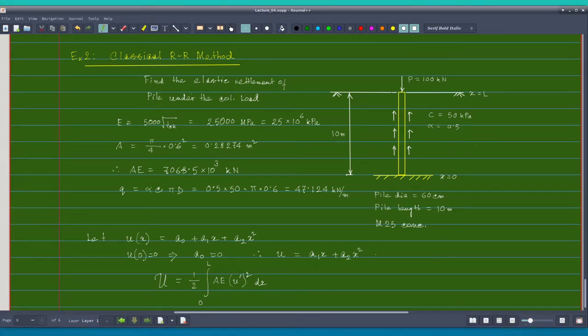So when I differentiate this, I get u prime as a1 plus twice a2 x, and therefore my u prime's whole square is a1 square plus 4 a1 a2 x plus 4 a2 square x square, right?